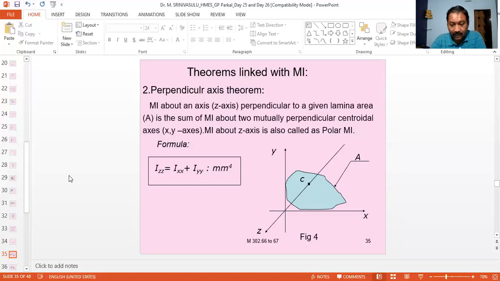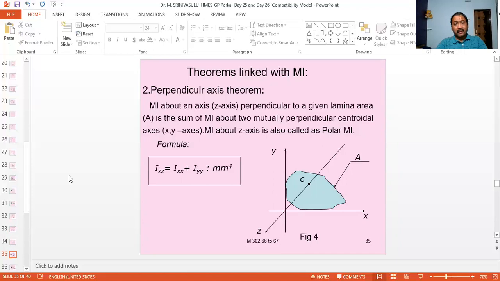And here the moment of inertia about the z-axis, which is perpendicular to the given area, is the sum of the moments of inertia about the two mutually perpendicular central axes, that is the x axis and y axis.